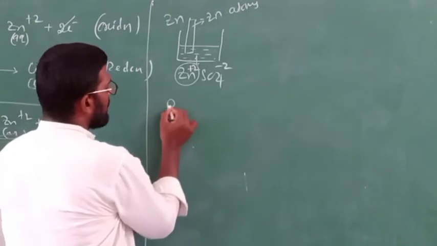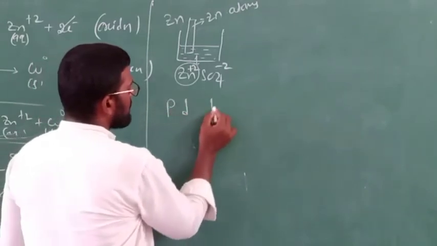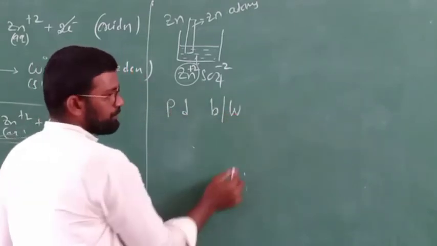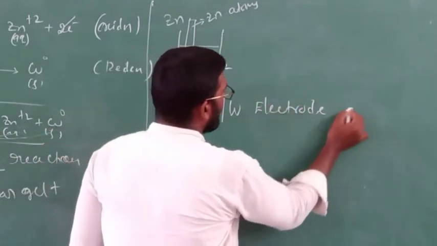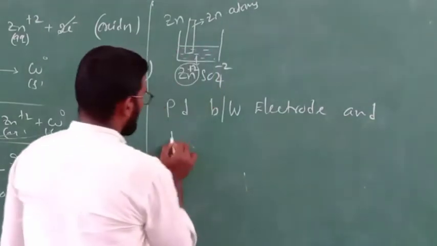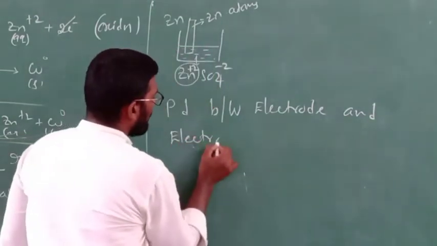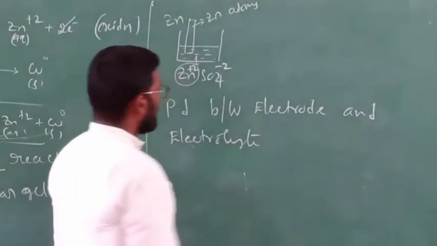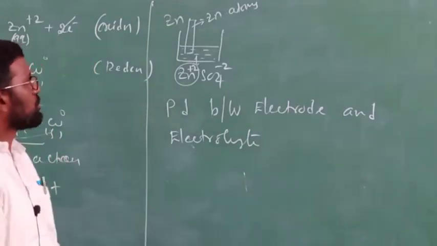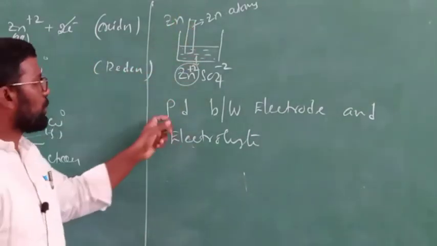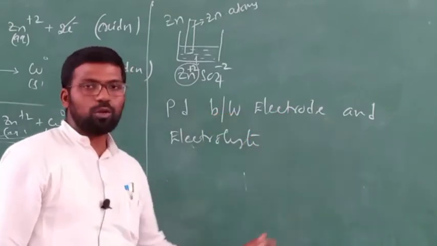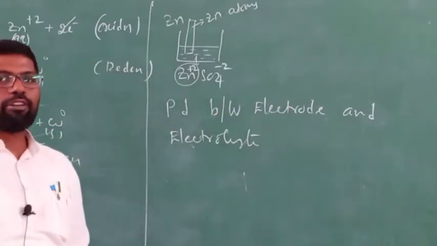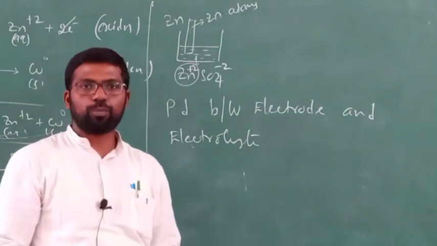Electrode potential is nothing but the potential difference developed between electrode and electrolyte. Very simple, dear students. Now different electrodes have different electrode potentials.